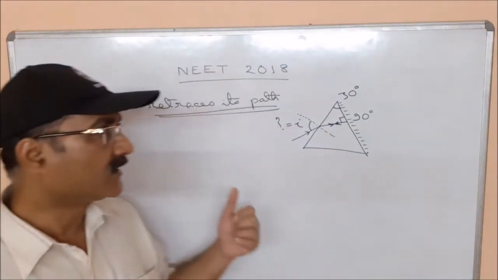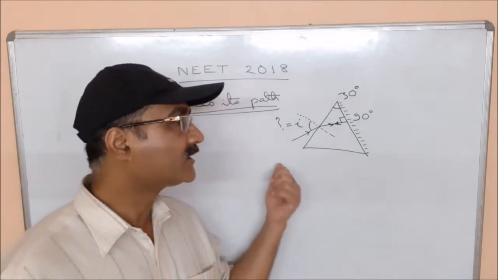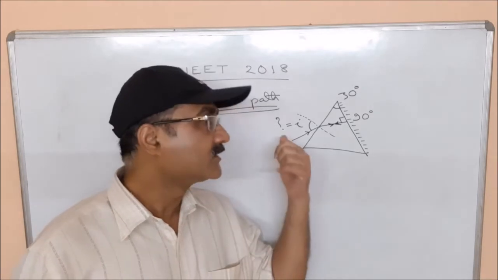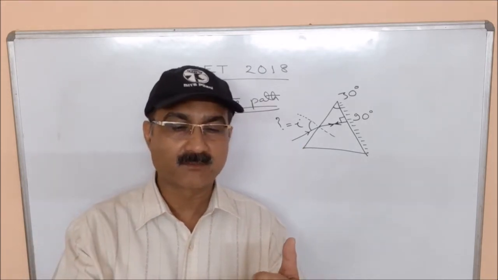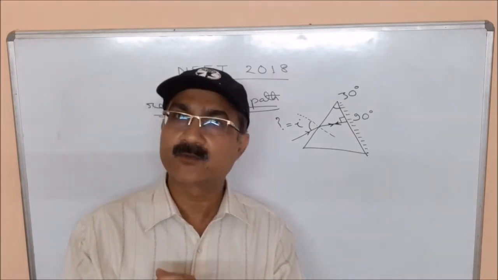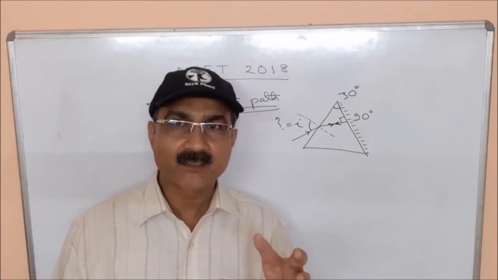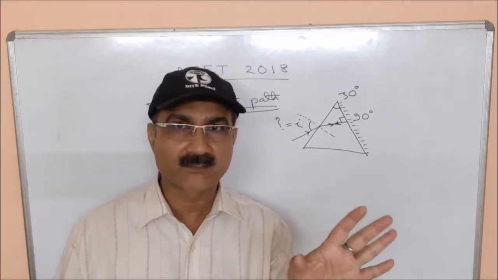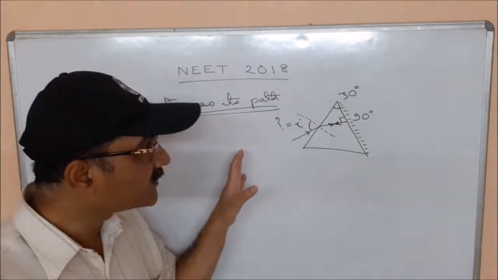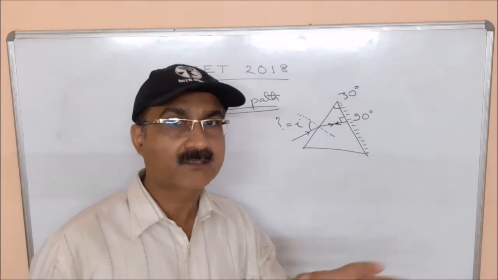Now see, in the third step, we think about the formulas which are there in this topic. In the prism, what are the formulas? The most important formula which usually comes to our mind is the formula for angle of minimum deviation. Delta m is equal to sine of something by sine of A by 2. But in this particular question, there is no mention of any deviations as such.